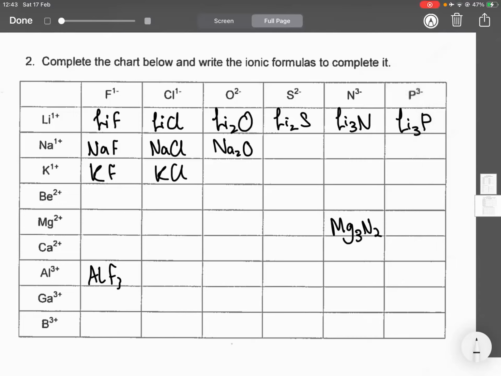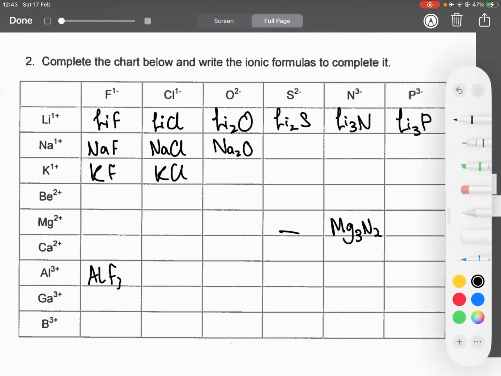What about magnesium sulfide? Mg2S2. Yep, but then we can just say MgS because the 2 and 2 can get simplified. What about beryllium nitride? Be and nitrogen. Be3N2.